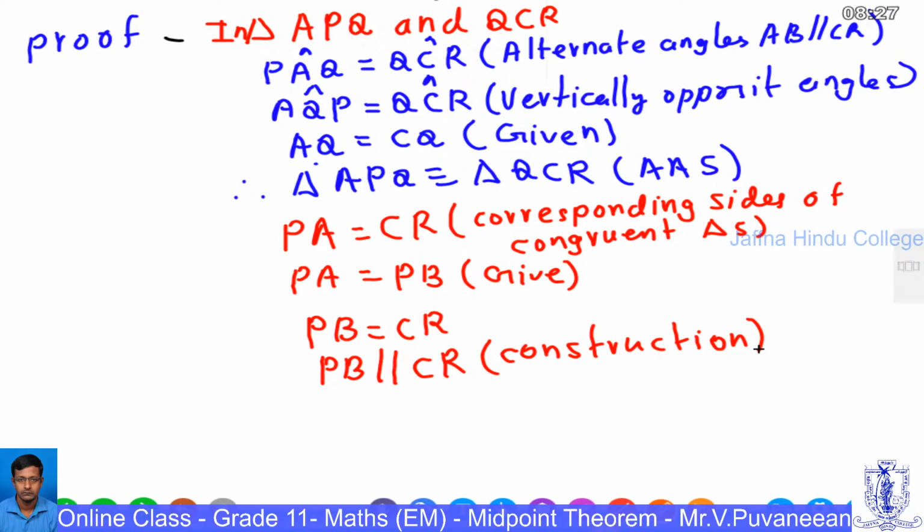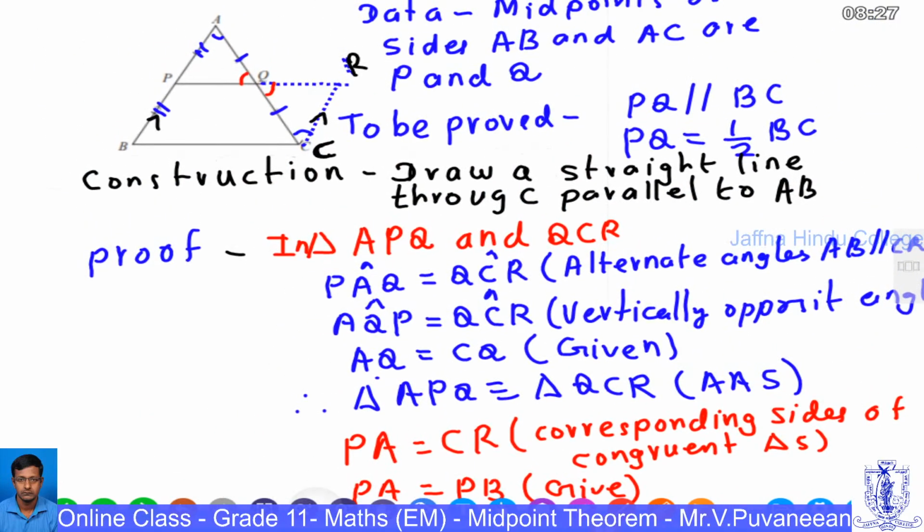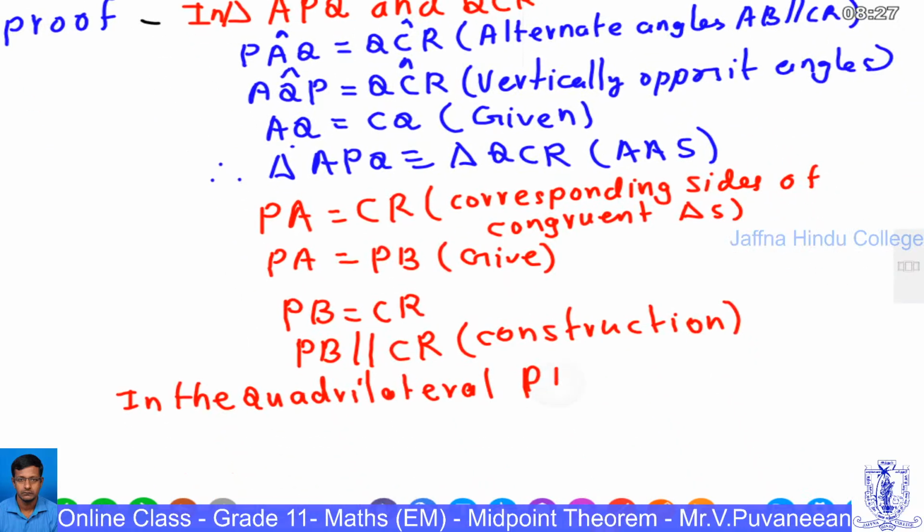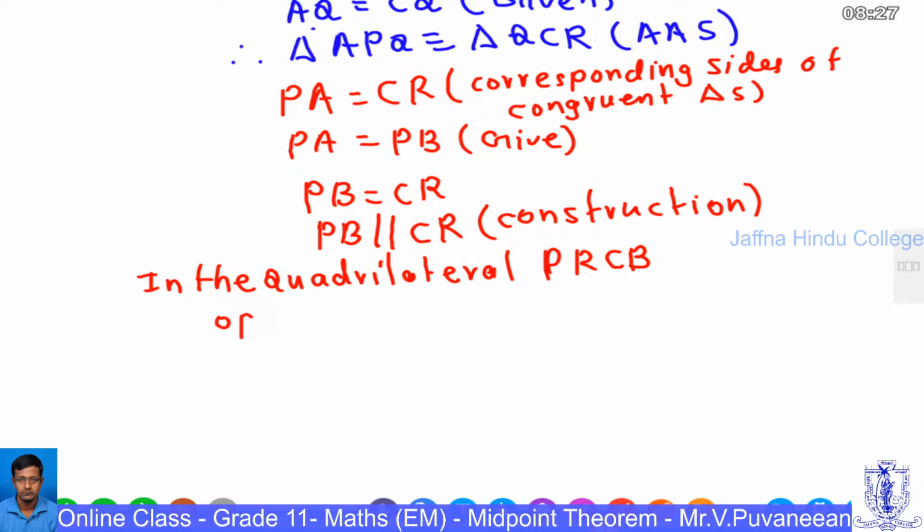Okay, in the quadrilateral PRCB, opposite sides PB equal CR and PB parallel to CR.